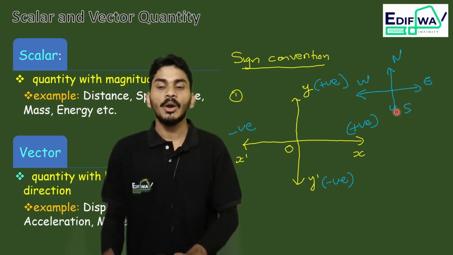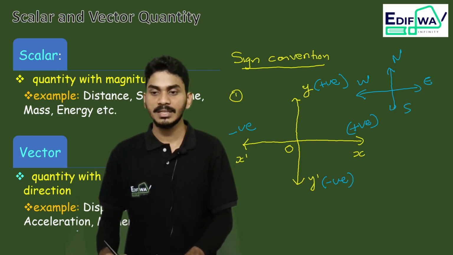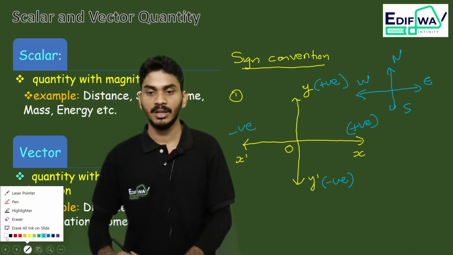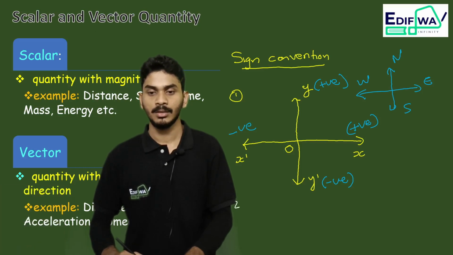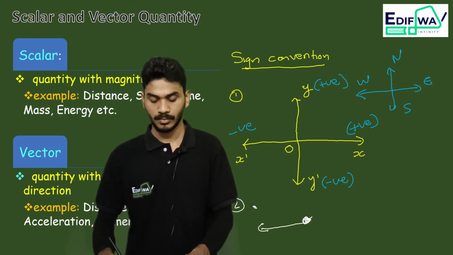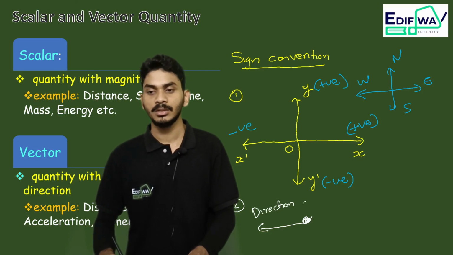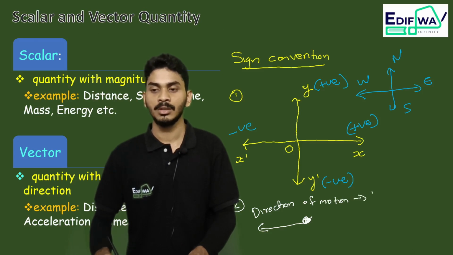Is that clear? Now I will tell you the second sign convention, that is the second way. Second one is, suppose this is a body and this body is moving left. So the direction of motion will be considered as positive.